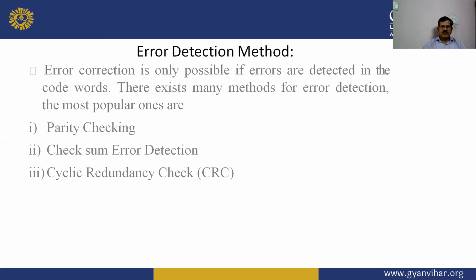First error detection method is the parity checking method. Second is the checksum error detection. And third one is the cyclic redundancy check or CRC method. So these are the three methods for error detection, which are most popular.